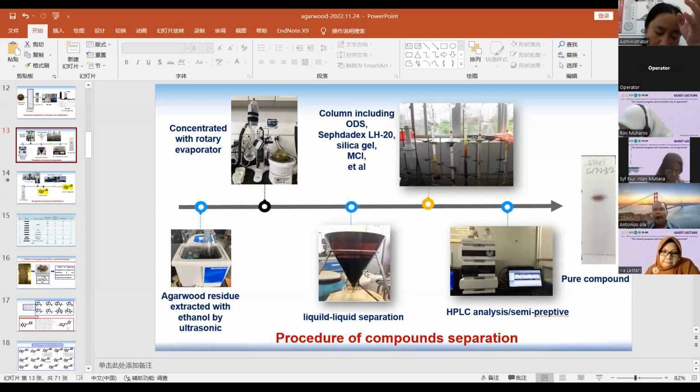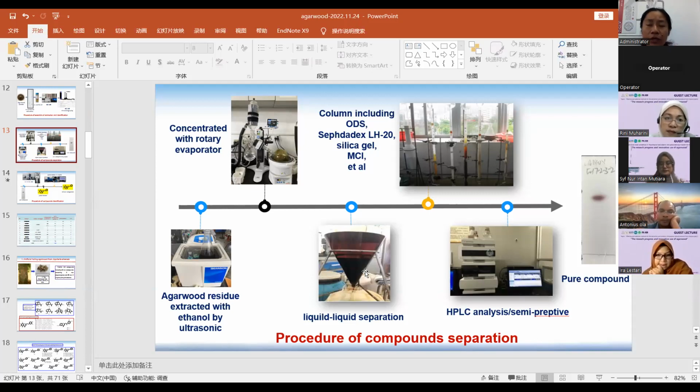Petroleum ether has the lowest polarity, so it can extract some compounds like sesquiterpenes, and then we use ethyl acetate to extract some middle polarity compounds, usually some chromones. Butanol is also used to extract.